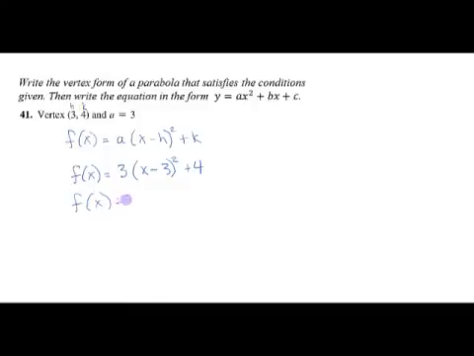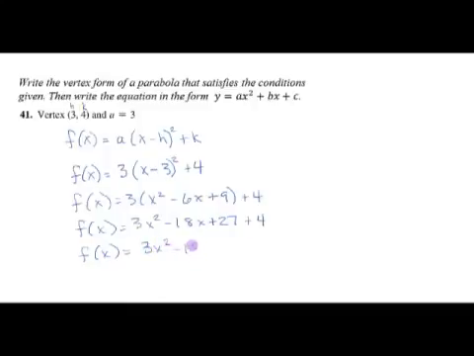So I'm going to first square the binomial that we have there, and then I want to multiply 3 through, so I get f of x equals 3x squared minus 18x plus 27 plus 4, and then I have some like terms I can put together. So f of x equals 3x squared minus 18x plus 31.